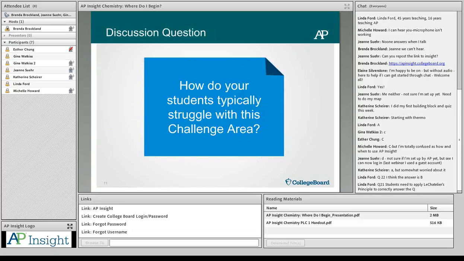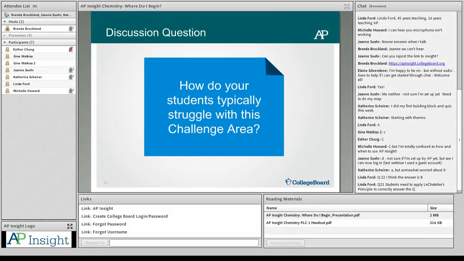So as you think about those multiple choice questions, are your students struggling because of the content, or the skills, or the learning objectives? At this point, you actually also have a handout under the reading materials.